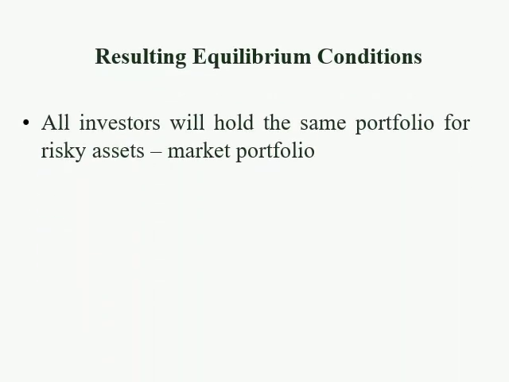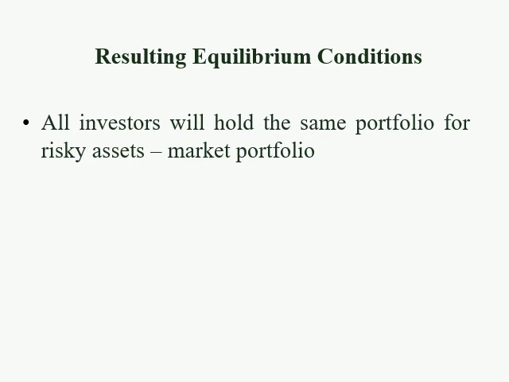Resulting equilibrium conditions: all investors will hold the same portfolio. If we have all the previous assumptions, all investors will hold the same portfolio of risky assets. That is the market portfolio.